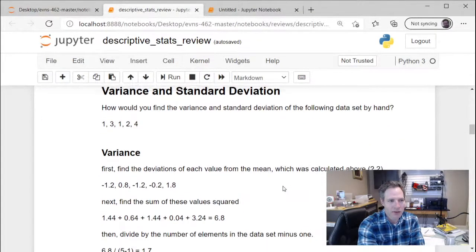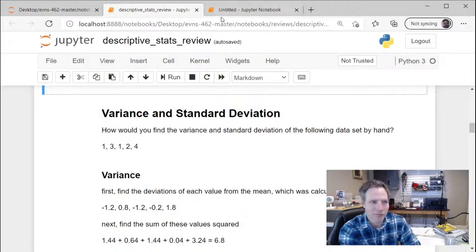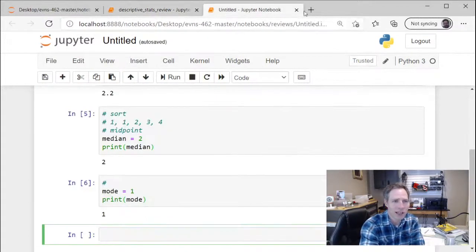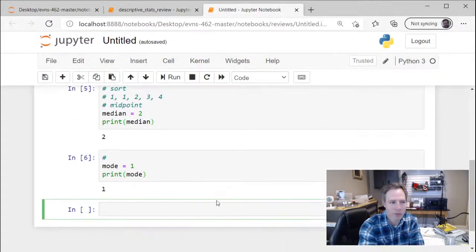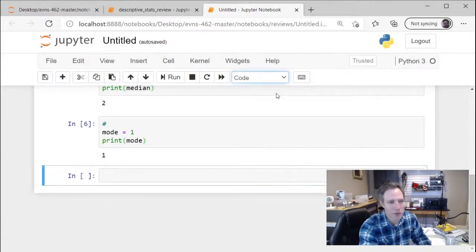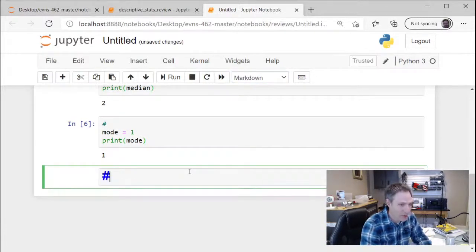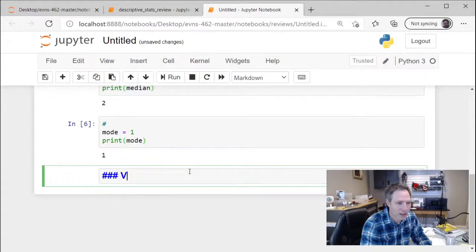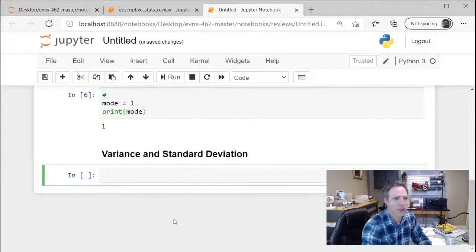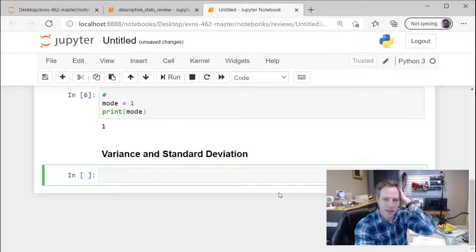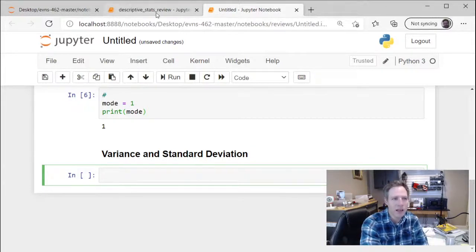All right, next, variance and standard deviation. Let's go back here to my notebook where I'm building this stuff out from scratch, and let's take a look at calculating variance and standard deviation for an example data set.